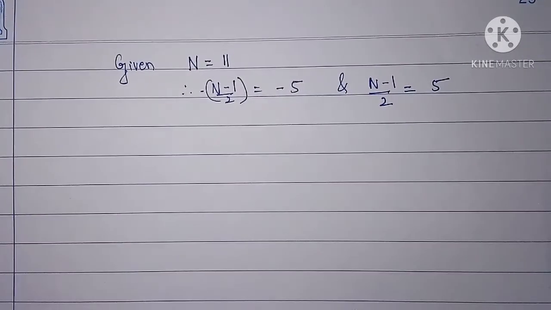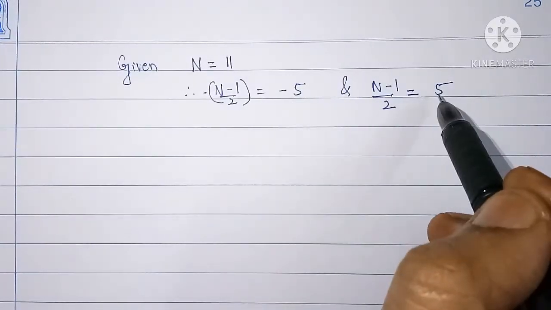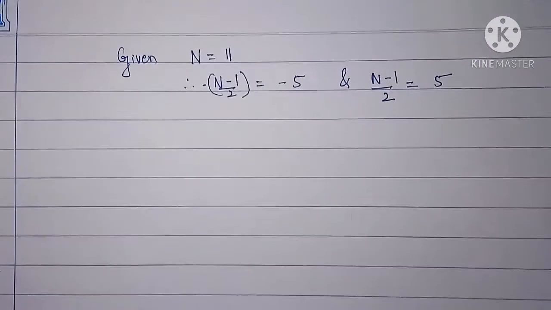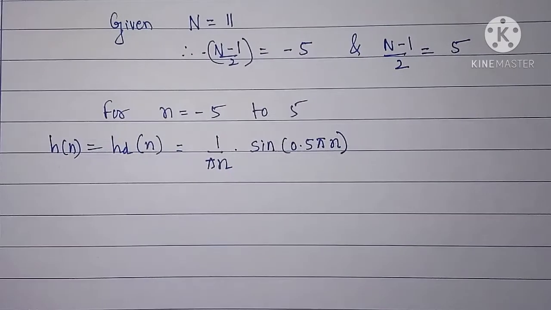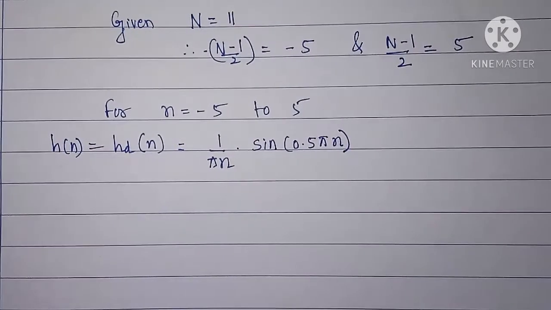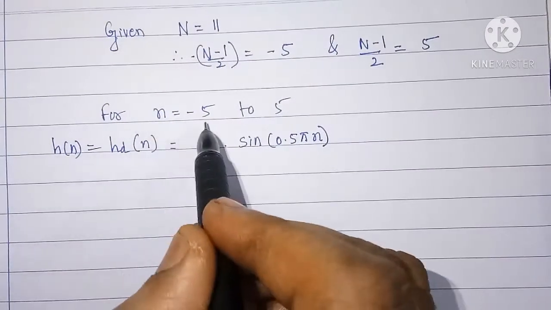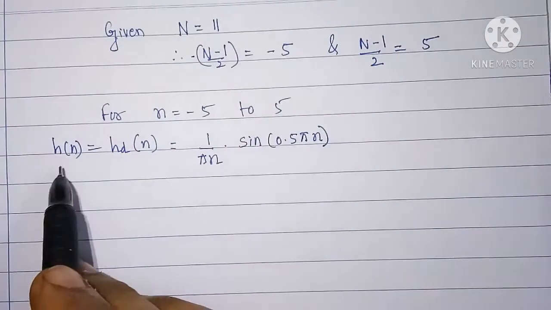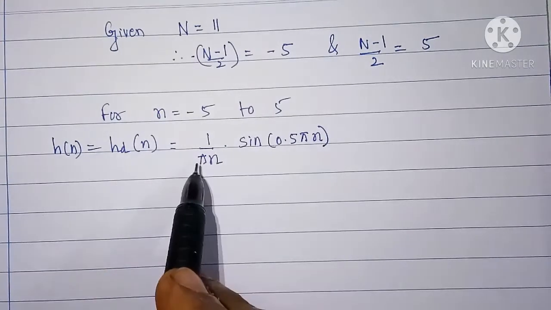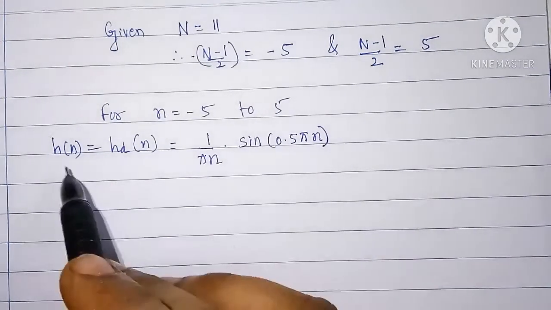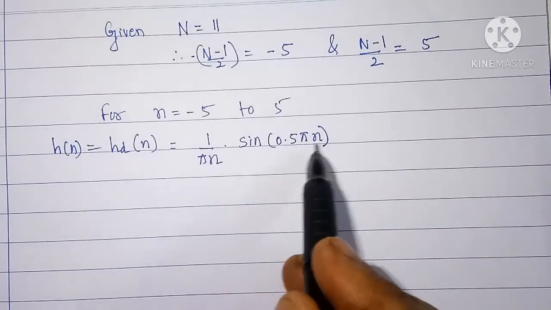So now we have to find HD of n for n value varying from minus 5 to plus 5. Therefore, for n equal to minus 5 to plus 5, HD of n will become h of n because we are going for truncation here. So h of n may be now written as 1 by pi n into sine of 0.5 pi n.